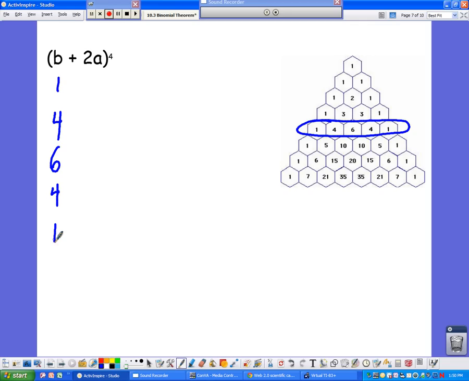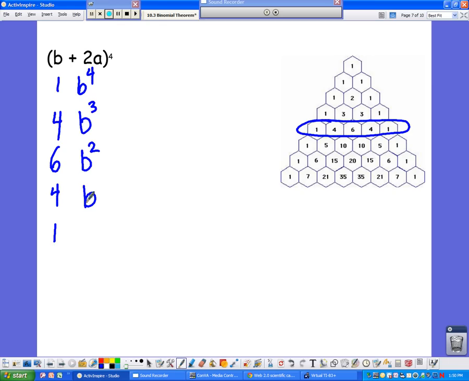And then start off with the first term, just like we have, b to the fourth, b to the third, b squared, b, and no b. And then the last thing that we're going to do is the 2a, you need to raise both of those to the power.